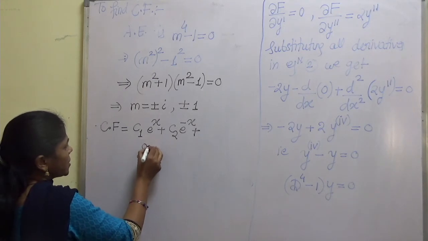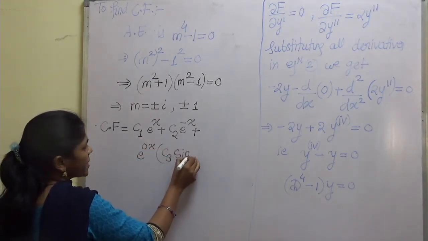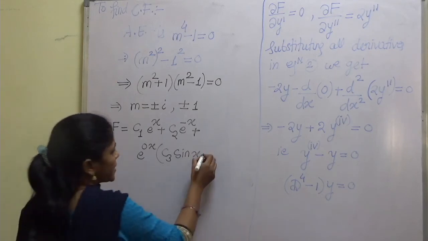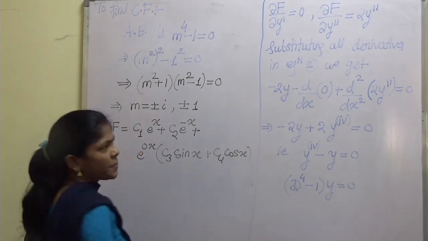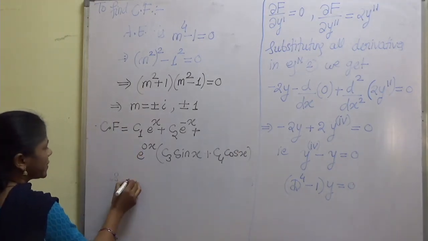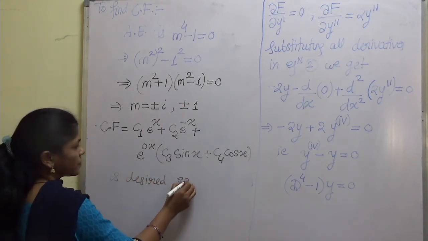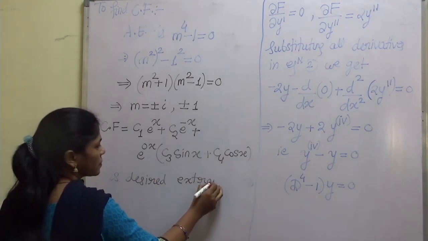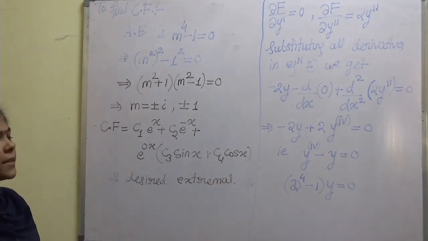So it is e^(0x), then c3 sin(1x), that is β x, plus c4 cos(βx), beta is 1. Like this. So this is nothing but the desired extremal as well. Okay, so in this way we get the desired solution.